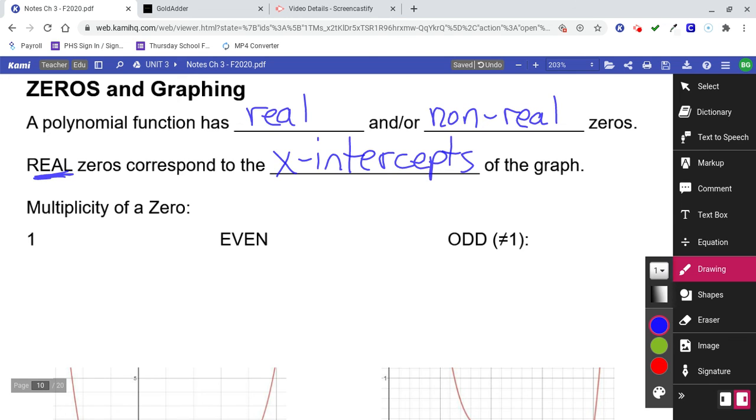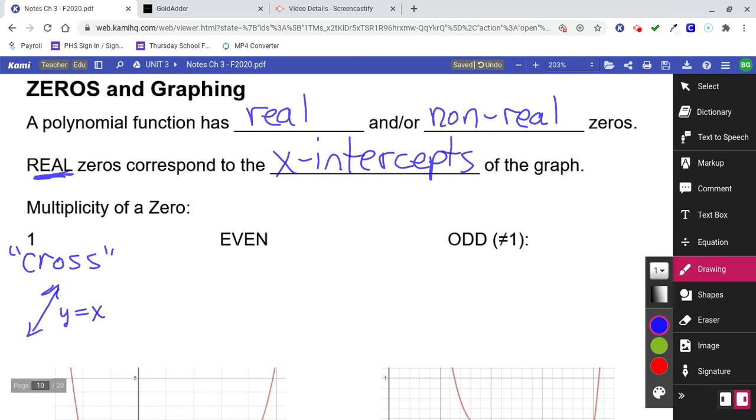If your multiplicity is 1, then the line crosses. It kind of looks like a straight line, like y equals x, or x to the first, if you think about it. It's going to cross just like that.